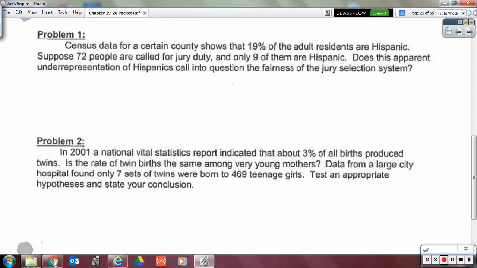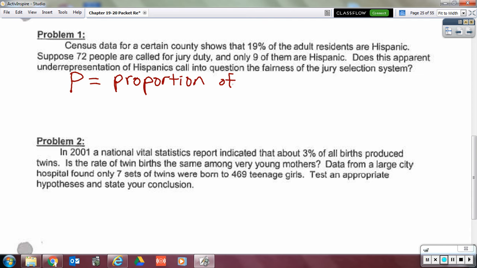Okay, so the first thing that we want to do is just define what this problem is talking about. So is this a mean problem or a proportion problem? It is a proportion problem. So the parameter we will define will start with P equals the proportion of, and what are you looking at? We're not looking at Hispanics, we're looking at the jurors.